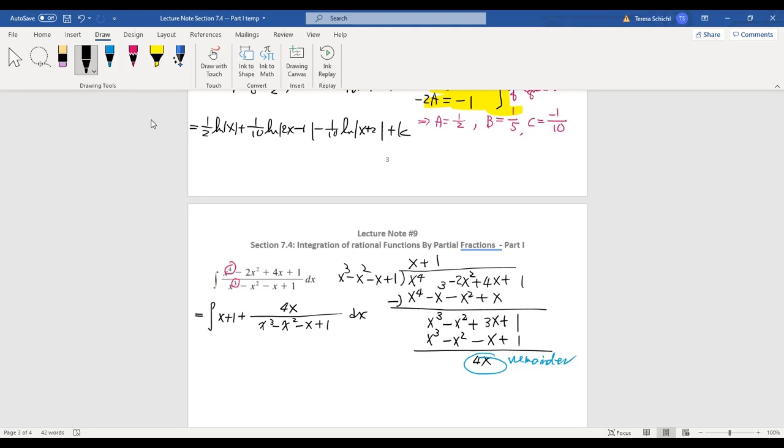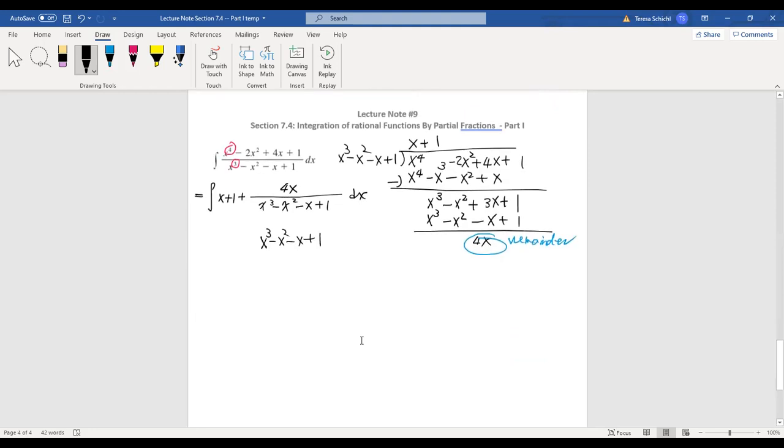All right, so now the next thing is to take a look at how to break out the denominator. I need to find a way to factor. The denominator here is x cubed minus x squared minus x plus 1, right? Not bad, I find a way. Here, these two terms you can regroup.